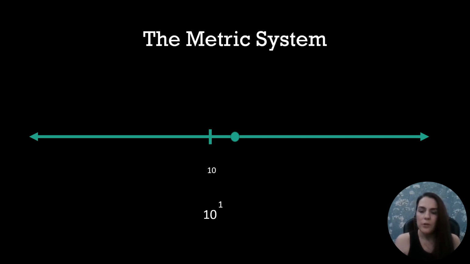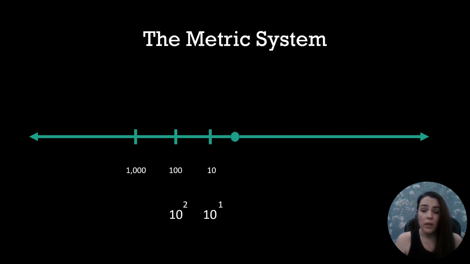There is 1 zero in 10, so we can write this as 10 to the first power. Going up in increments, we have 100. There are 2 zeros in 100, so we can write this as 10 squared, or to the second power.